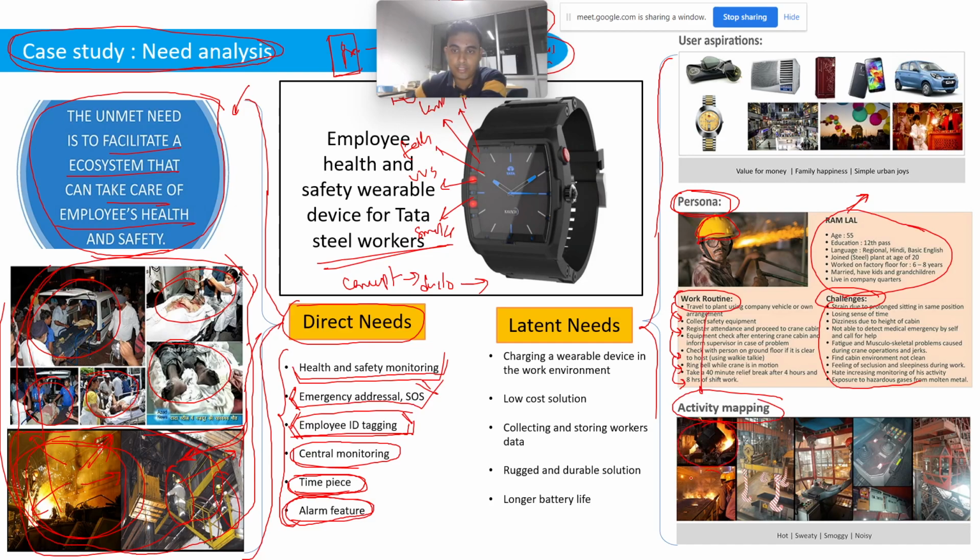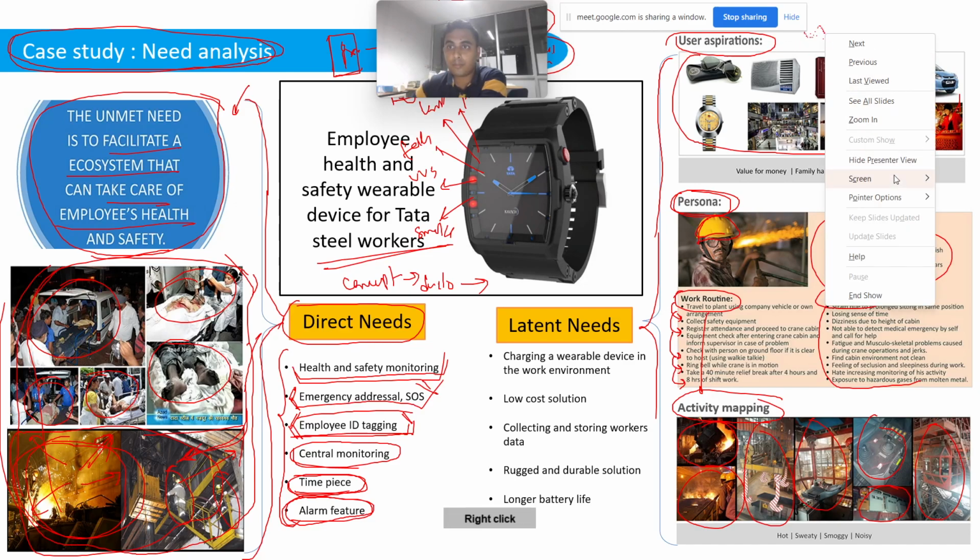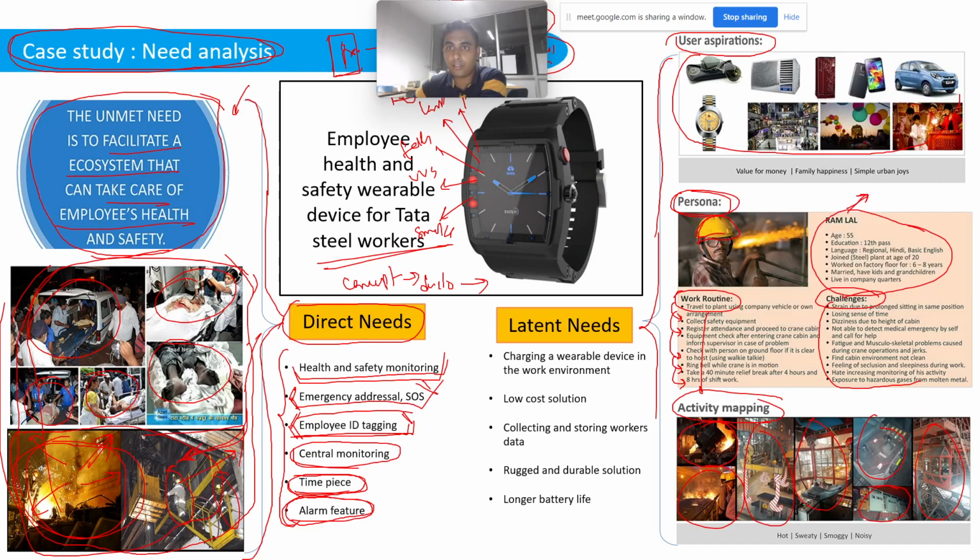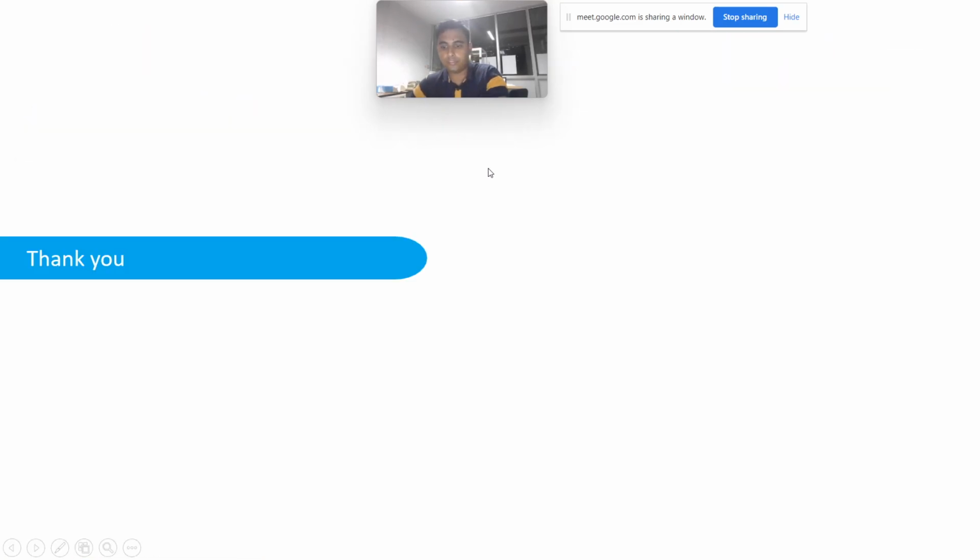We took pictures from their activity areas and later mapped how their workflow happens within that hazardous environment. We also gathered information on their backgrounds, their aspirations as someone from a middle class background, and what sort of gadgets or device they want to wear as a wearable device.